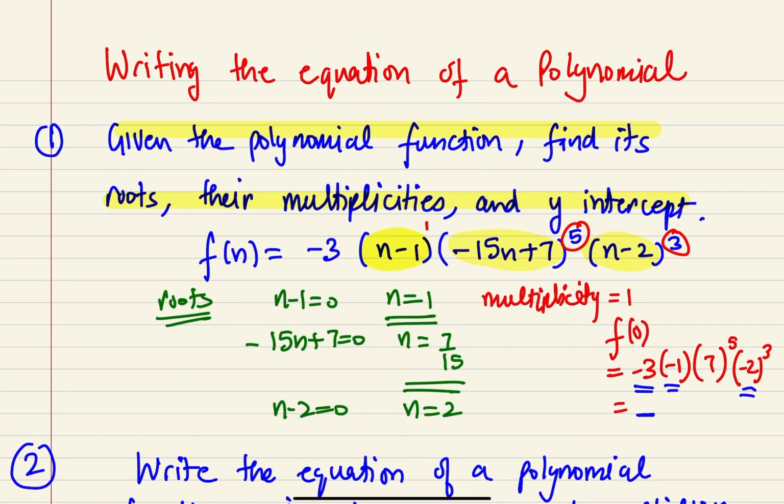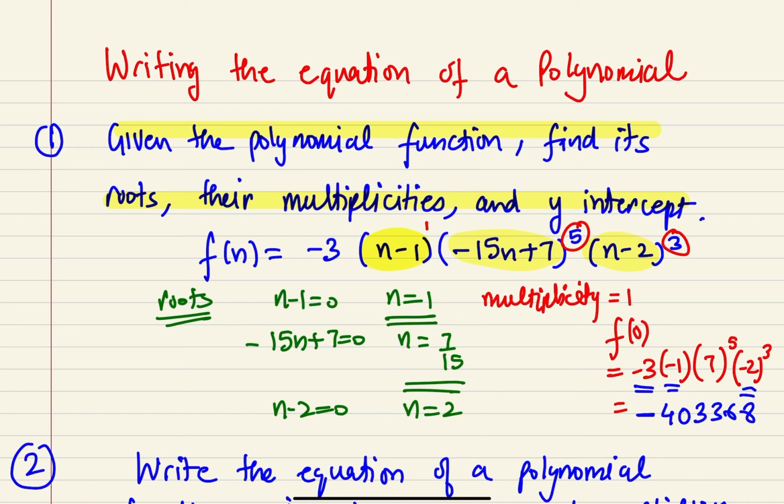So my y-intercept will be negative. Now I'm going to go ahead and multiply 3 times 1 times 7 raised to the 5th power times 2 raised to the 3rd power. I'm going to use a calculator, and it looks like, wow, negative 40333368.